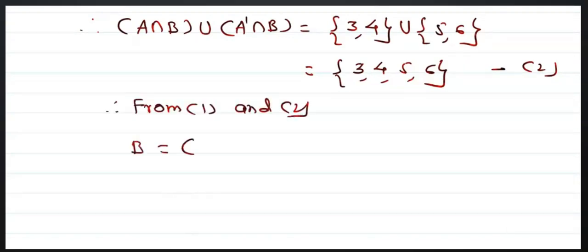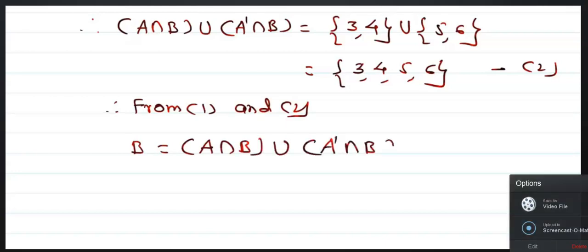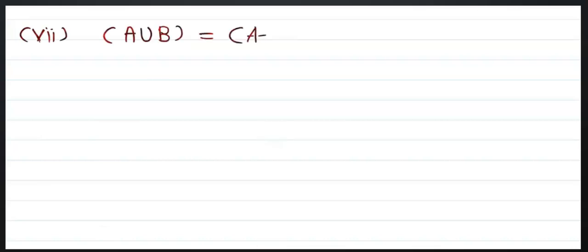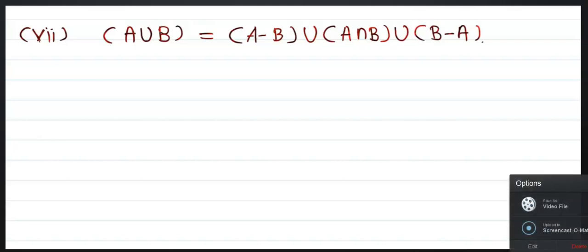Therefore, from 1 and 2, B is equal to A intersection B union A complement intersection B. 7th, A union B is equal to (A minus B) union (A intersection B) union (B minus A). These types of different combinations they had taken.